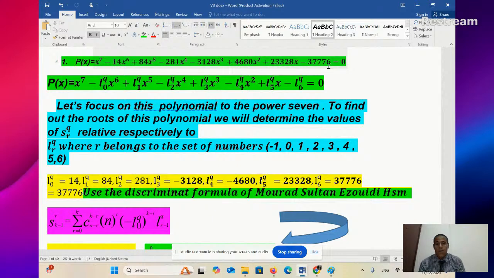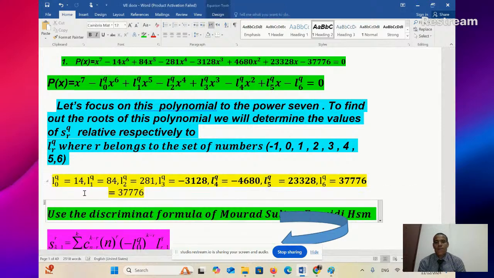So this is a polynomial to the power 7. Now I'm going to set k equal minus 1, and find s minus 1, which is in fact equal to 1. Then I'm going to set k equal 0 in the discriminant formula. This is called the discriminant formula of Murad Sultan Ezouidi.